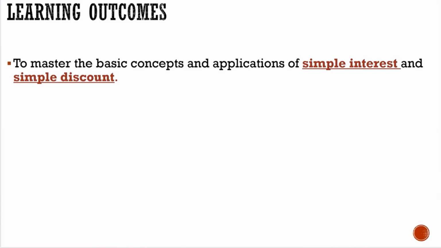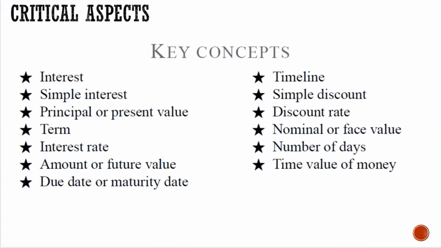Okay, the critical aspects that you need to be aware of and be clear on are the definitions. Remember, in any discourse, you need to know what kind of language is being used in that discourse. The special discourse here is simple interest and discount.